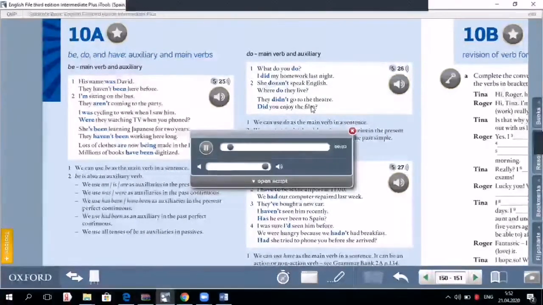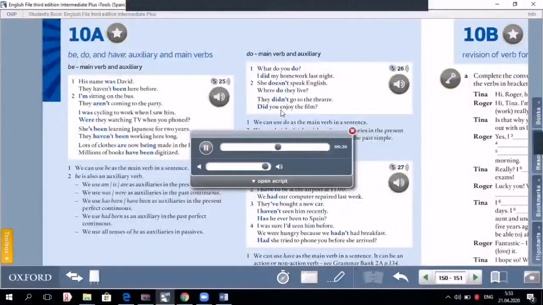1. His name was David. They haven't been here before. 2. I'm sitting on the bus. They aren't coming to the party. I was cycling to work when I saw him.